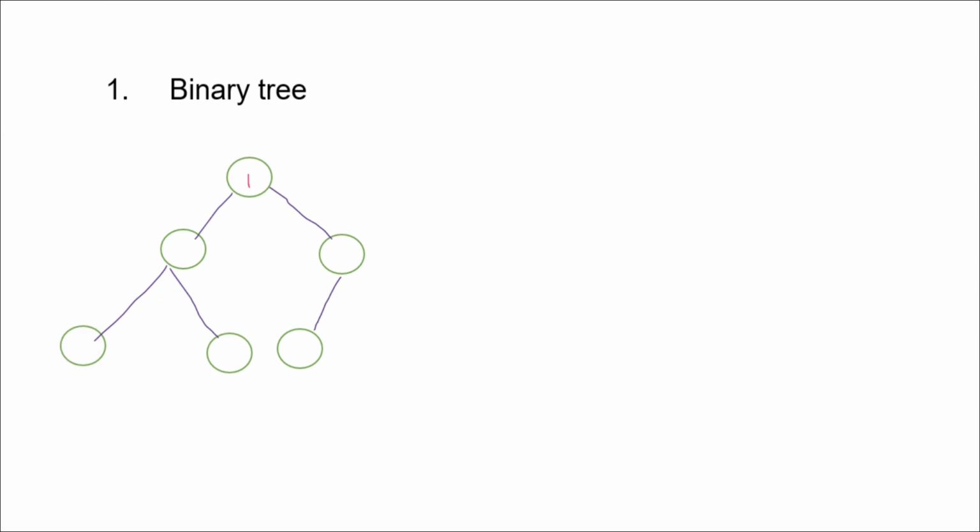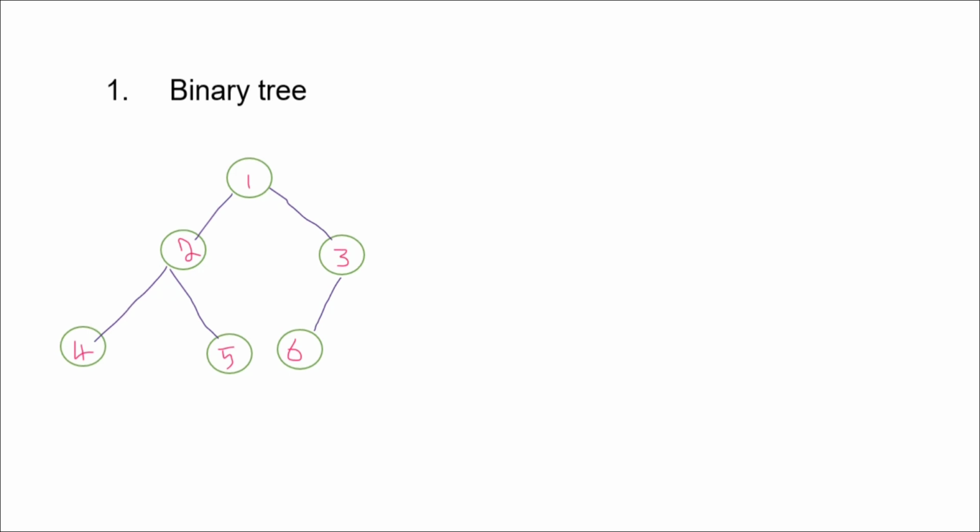I need to link each node using edges or links. So this is the root node. I want to give names, like 1, 2. This is the construction of a binary tree.